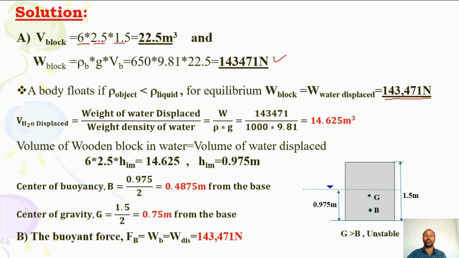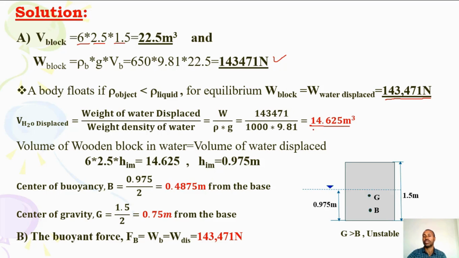So what is the volume of water displaced? The volume of water displaced will be the weight of water displaced over the weight density of water, which is gamma, the unit weight, times V. You divide the weight of water displaced by rho g, and you find the volume of water displaced.